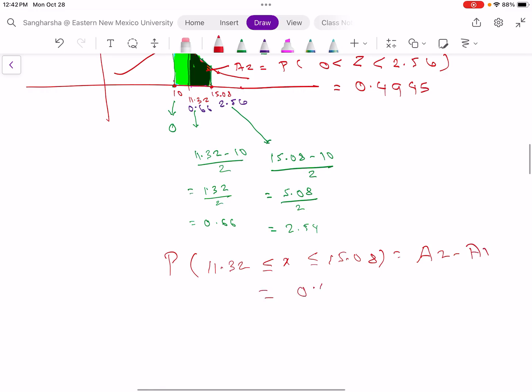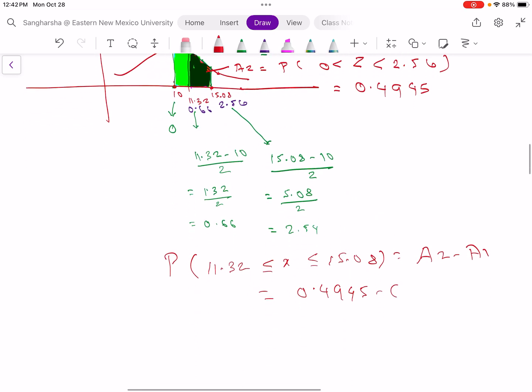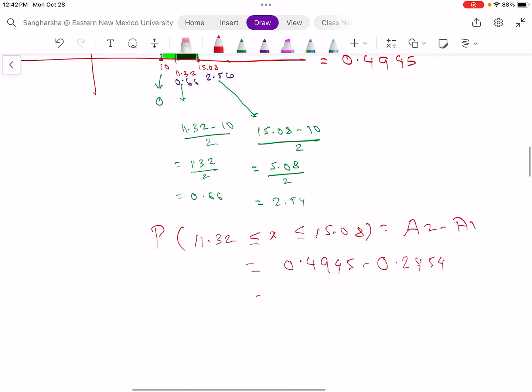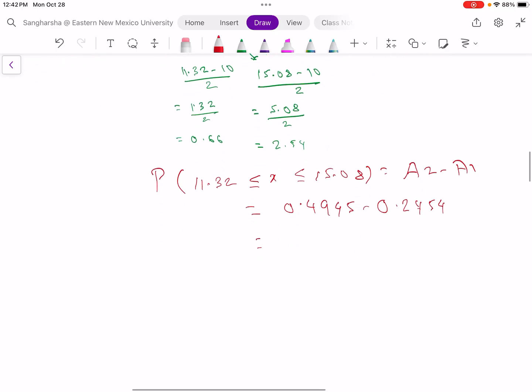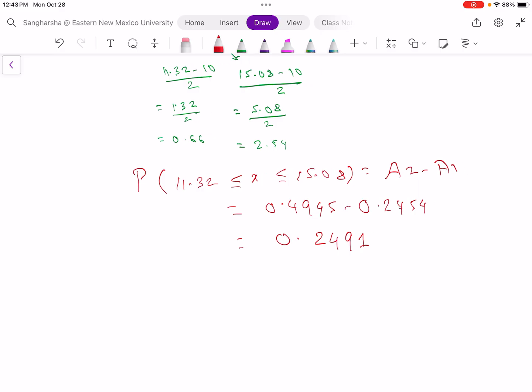A2 is 0.4945 minus A1 is 0.2454. And how much do we get here? 0.2491. Do you have any question?